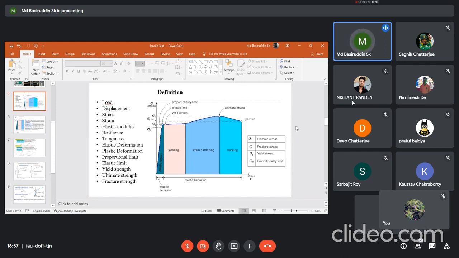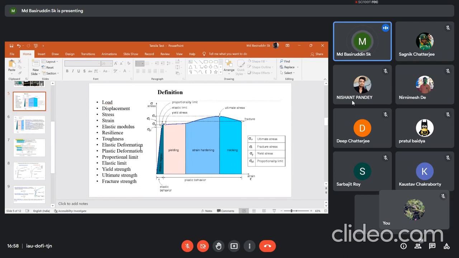But just tell me, considering the energy, how can we divide this curve into two energy regions? If we consider the elastic region only, then we can calculate the resilience of any particular material, or the energy required to deform a material elastically.